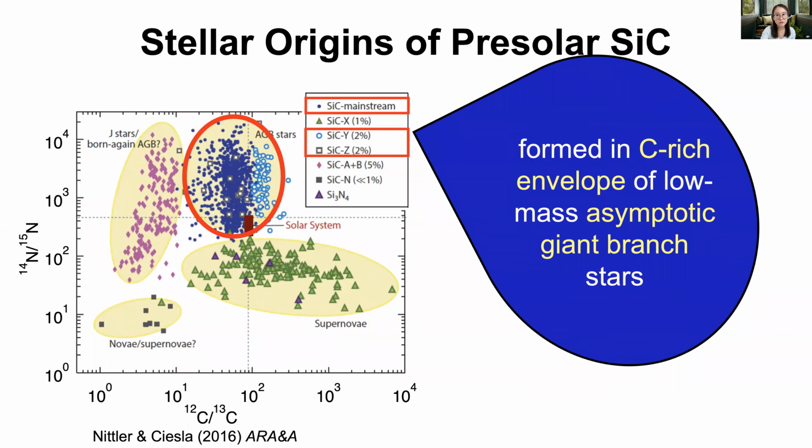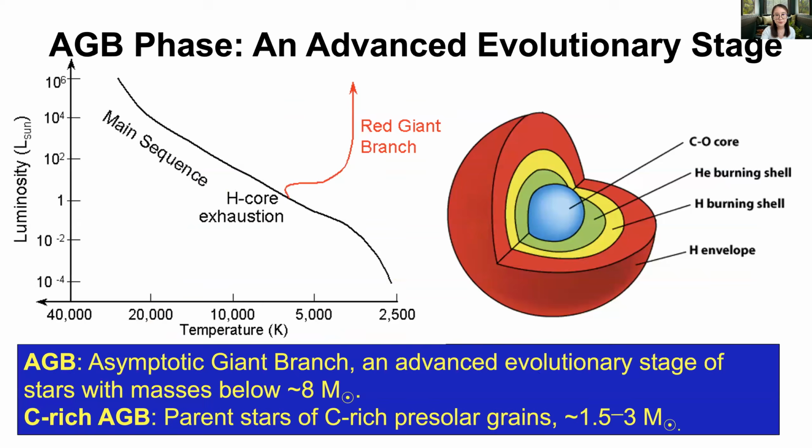Altogether, these three types of silicon carbide grains make up more than 90% of pre-solar silicon carbide grains identified in primitive extraterrestrial materials. So AGB stellar dust grains dominate the silicon carbide stardust inventory in the solar system.